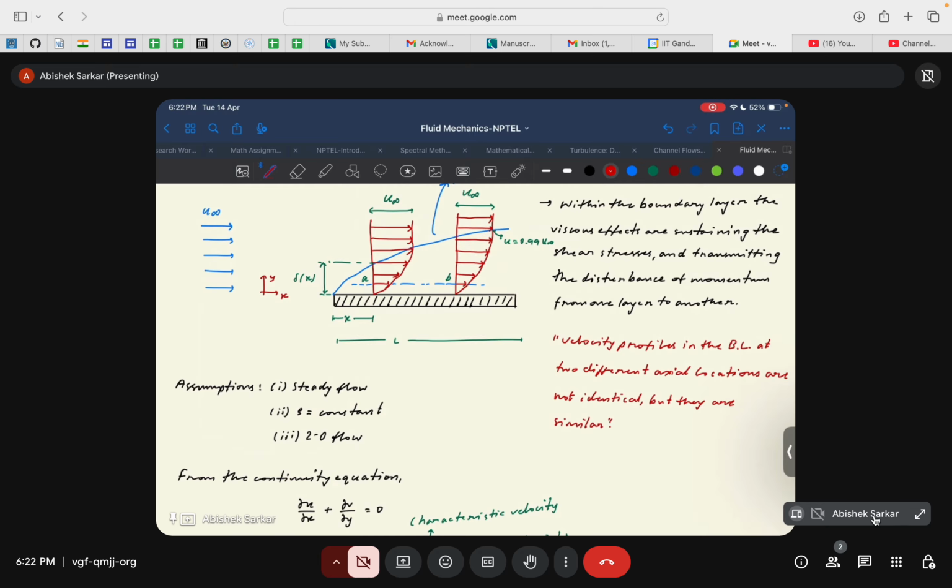So this is a very important takeaway from our understanding of this boundary layer theory.